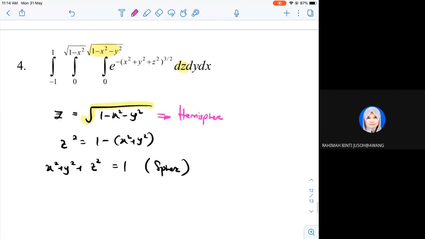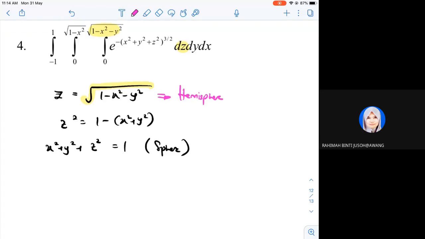Okay, so next, limit of y from 0 until square root of 1 minus x squared. Dia adalah semicircle ni, x from -1 until 1. So from the limit of y and x, y from 0 until square root 1 minus x squared, and then x from -1 until 1.